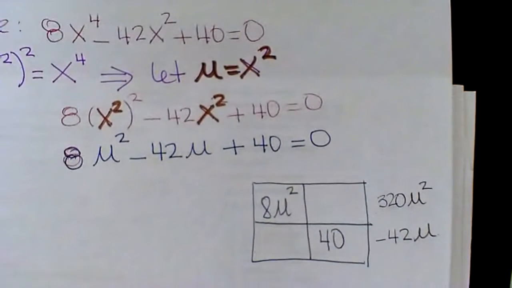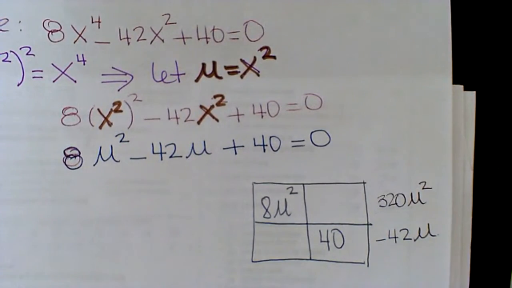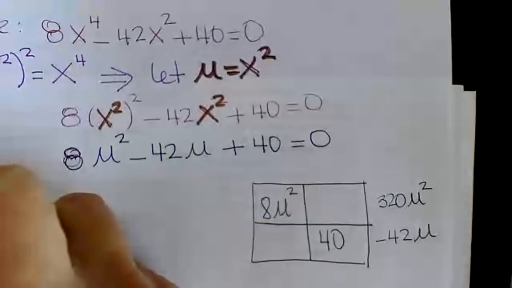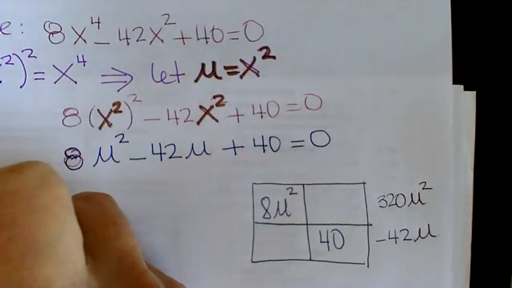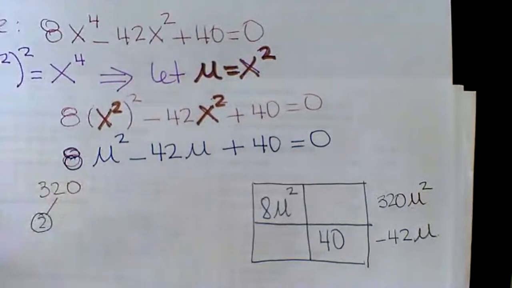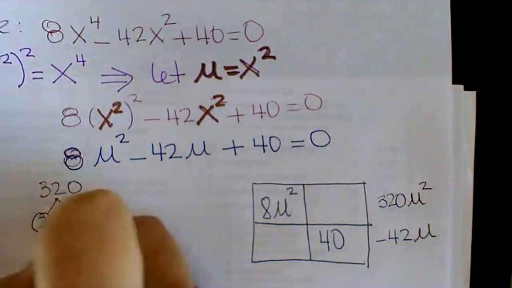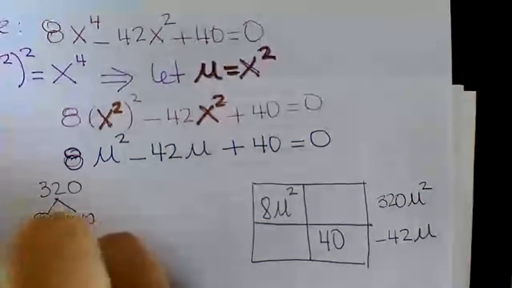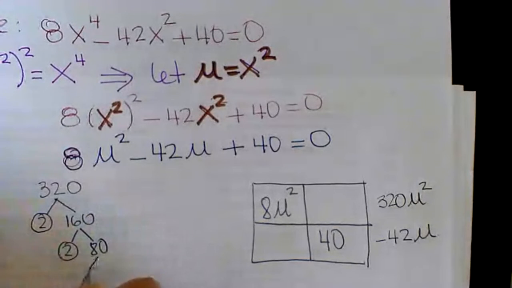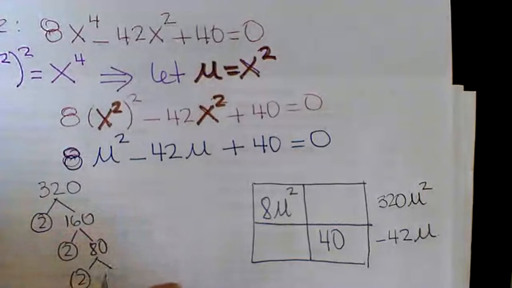If you guys want to do it AC, go ahead. Let's do it together and see. You guys do the AC and I'll do the box. So 320. Let me do my factor tree. That's how I like doing it. 160 divided by 2 is 80. Divided by 2 is 40.